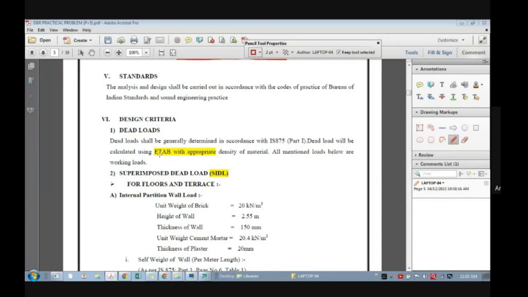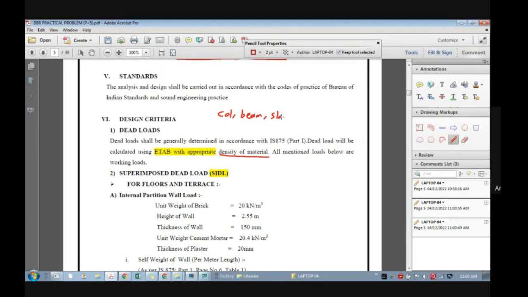Self-weight: here you can see dead load will be calculated using ETABS with the appropriate density of material. If there are columns, beams, slabs, this self-weight will be calculated by the software. ETABS will calculate it automatically because you know how we calculate the weight of any material.